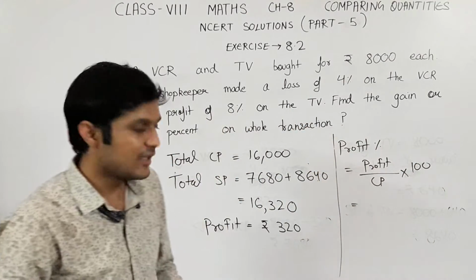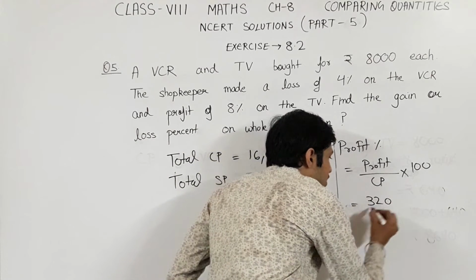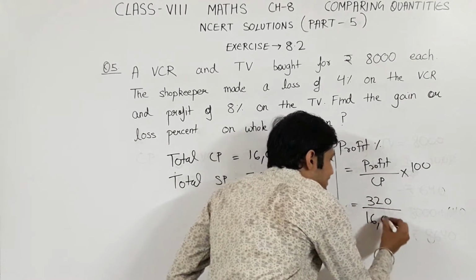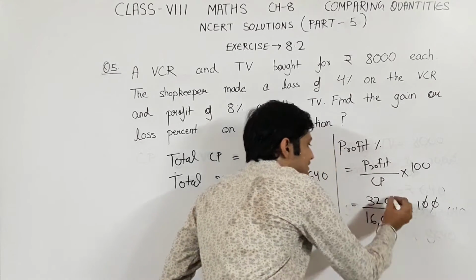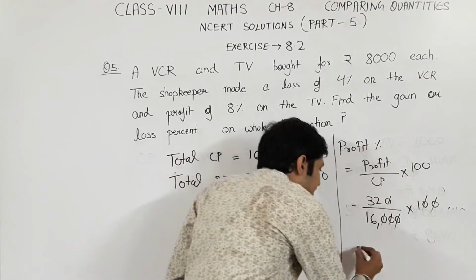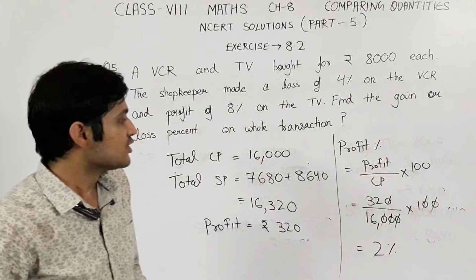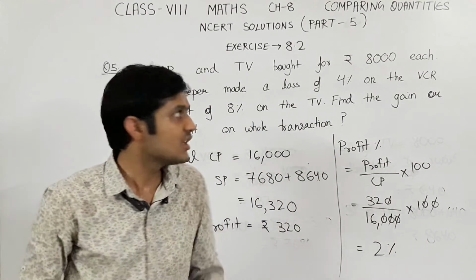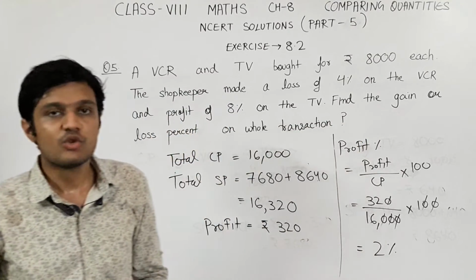So in this complete transaction, profit of rupees 320, total cost price is 16,000 into 100. So cancel zeros with zeros. 32 divided by 16. So the total profit percentage is 2%. So we can say on selling both the television and VCR, total profit is 2%.